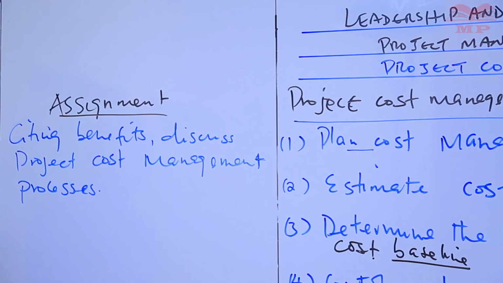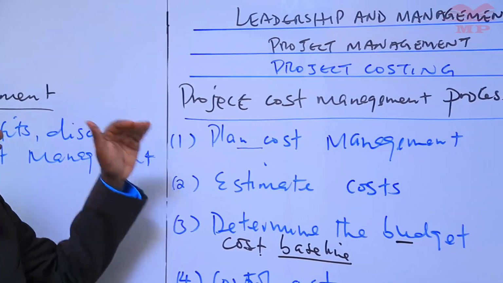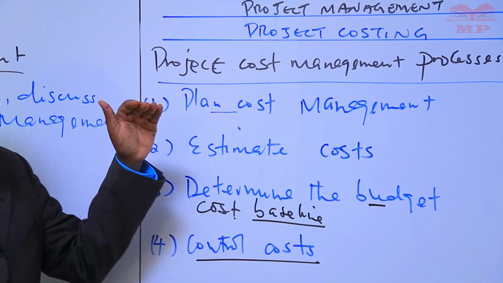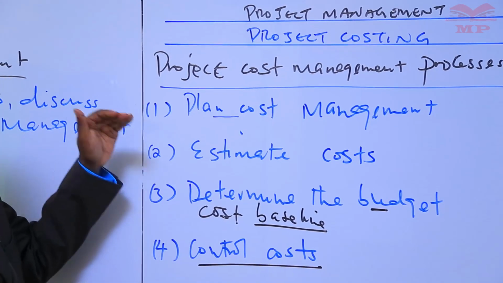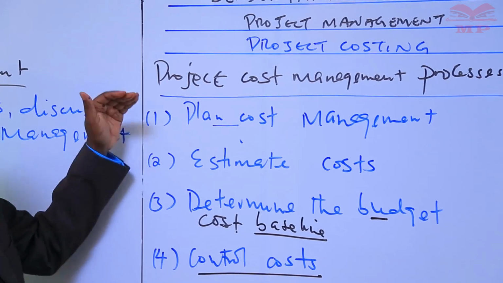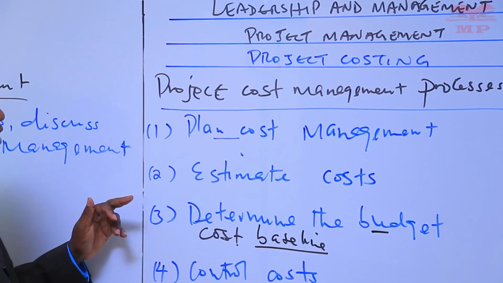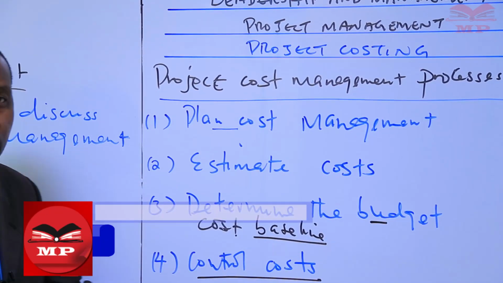For each of these processes, I've explained what the process is all about. I've also highlighted the benefits that may accrue to the project as a result of carrying out the 4 processes: planning cost management, estimating costs, determining the budget, and controlling costs.